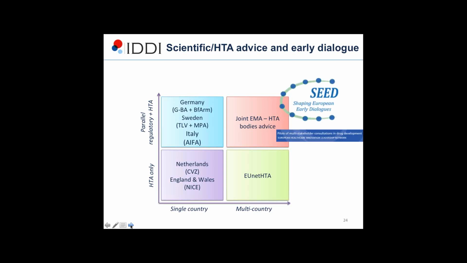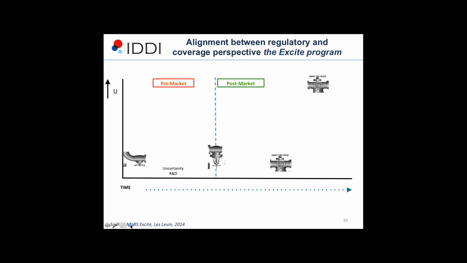The pilots of the early advice consultation demonstrated the benefits of this early focused engagement on strategic questions among manufacturers and key European constituencies. The procedure for parallel scientific advice by EMA and HTA bodies is now available for all applicants, and the request can be made directly to the EMA or a specific HTA agency within Europe.